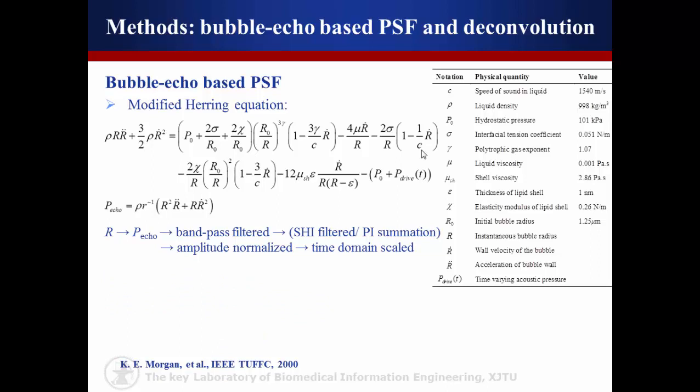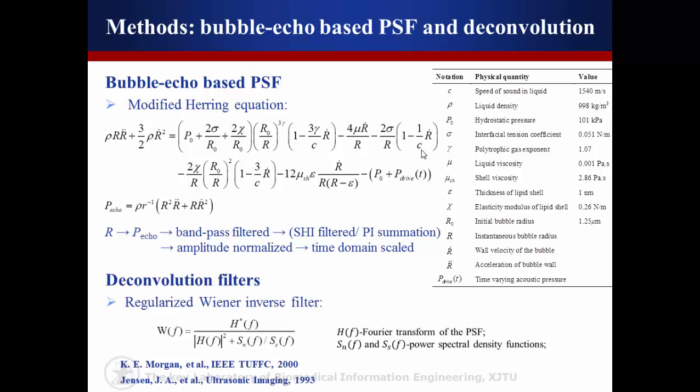The predicted bubble echoes were then bandpass filtered, amplitude normalized, and time domain scaled to form a proper PSF. And furthermore, to apply it with SHI and PI, second harmonic filtering and PI summation were also performed. After that, deconvolution was implemented by a regularized Wiener inverse filter.